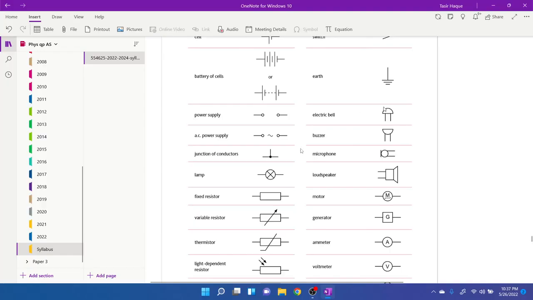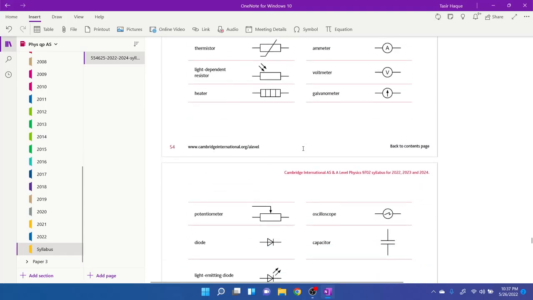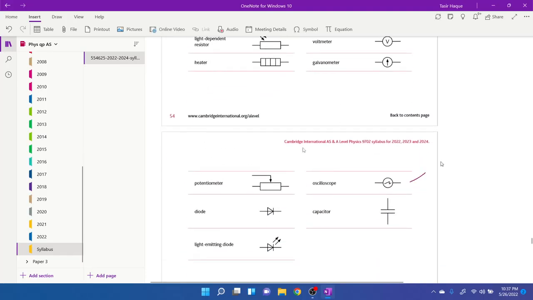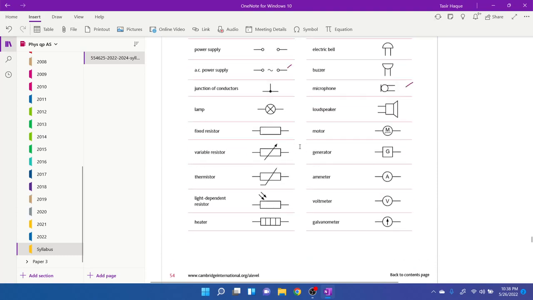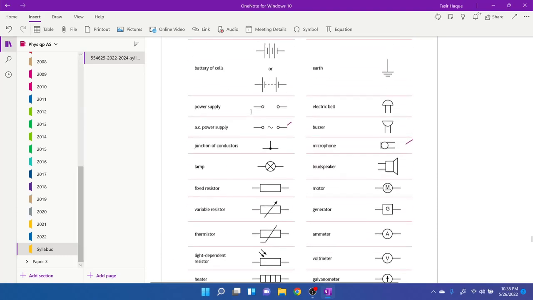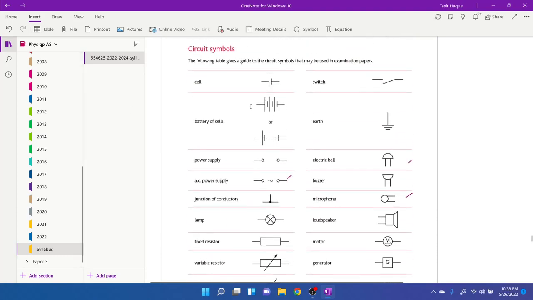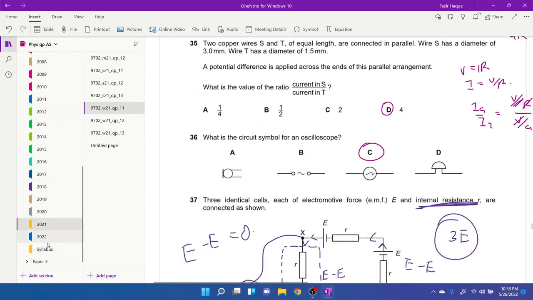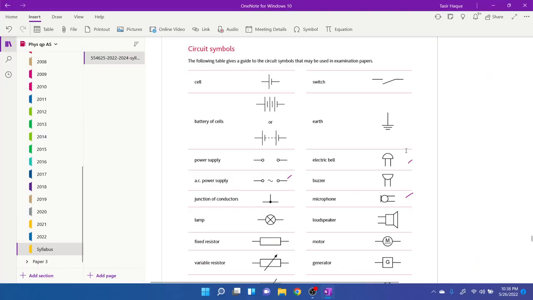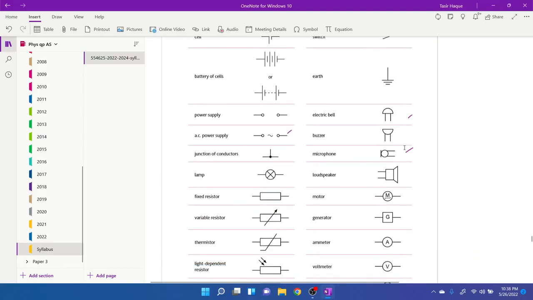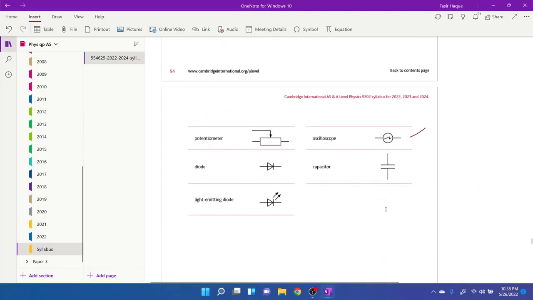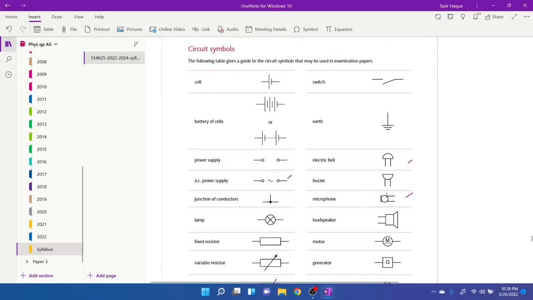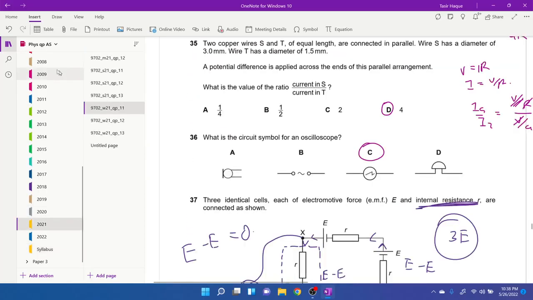The first one we saw was for a microphone. This is for an AC power supply. This is for an oscilloscope, right? And this is for an electric bell. Okay, what was the last one though? Yeah, it's basically an electric bell. So you need to learn all of these, so make sure you learn them properly. They can come at any moment. Okay, so good luck with that.